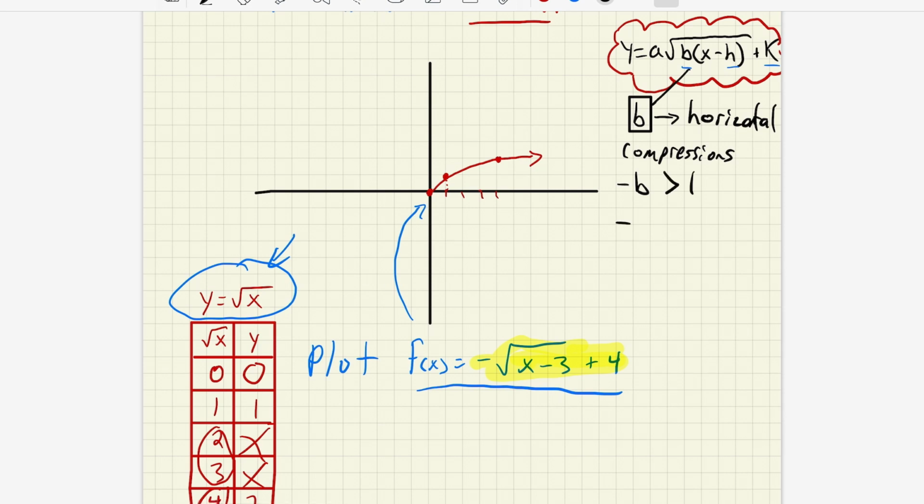By the same token, if B is smaller than 1, then your graph will be horizontally stretched. If the B value is negative, or we could say less than 0, then there's a reflection on the y-axis.